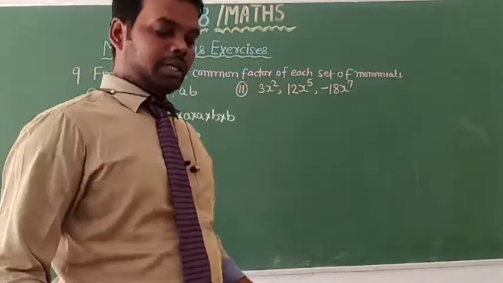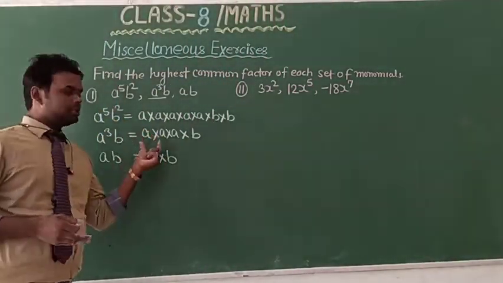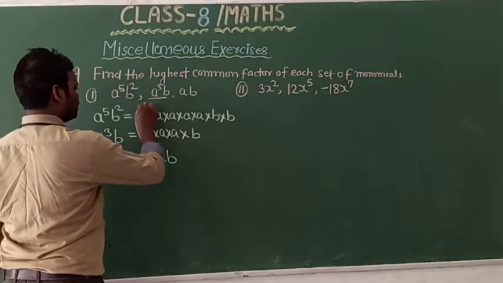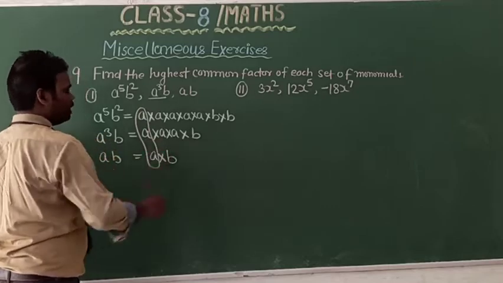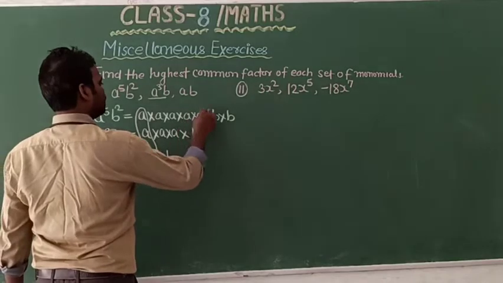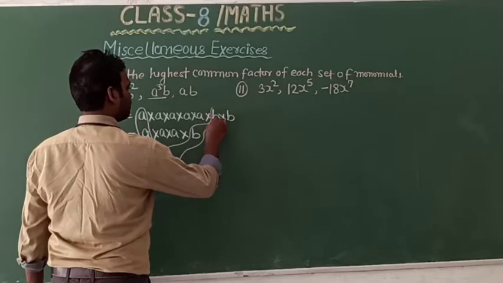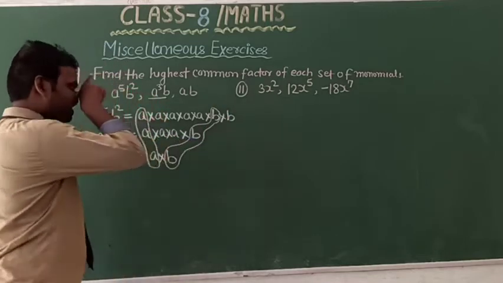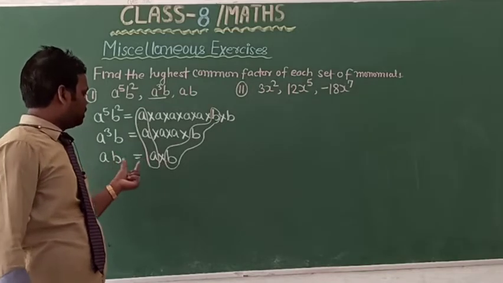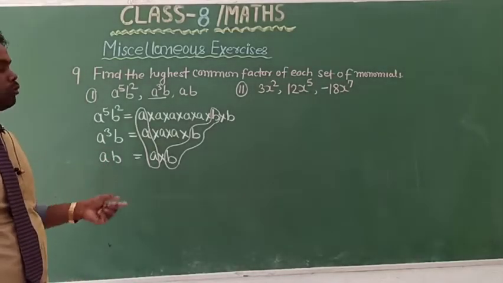Now here we observe that there is only one a and one b in all the terms. This means only a and b are common in all three given monomials.